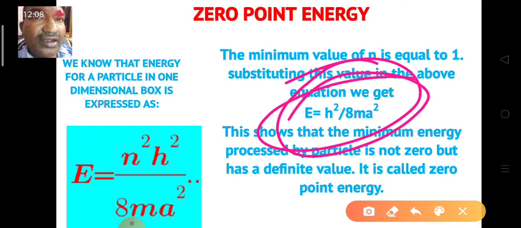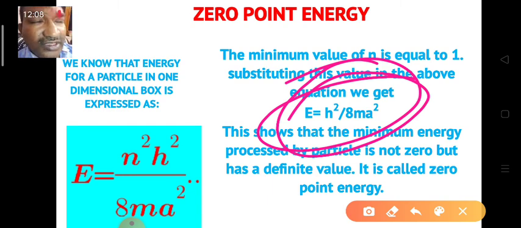There we get a differential equation, that is d square psi upon dx square plus 8 pi square m E psi upon h square is equal to 0. On solving that differential equation, we have a solution, that is psi is equal to a sin kx plus b cos kx.